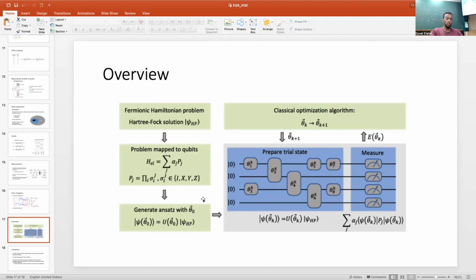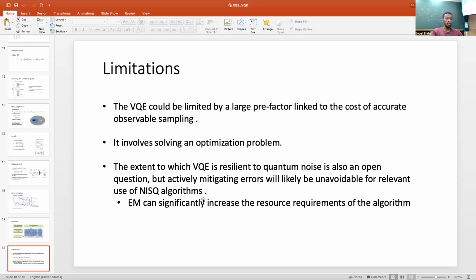So that's it. And finally, its limitation. In the VQE algorithm, we can see that the algorithm scales polynomially.